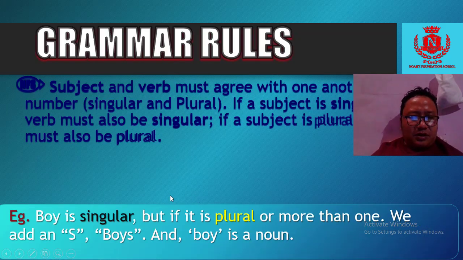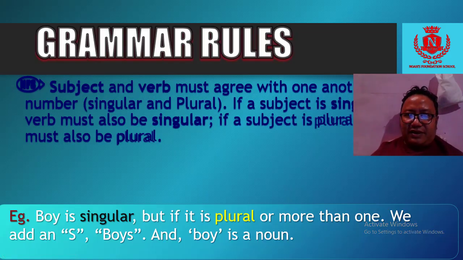For example, boy, B-O-Y, is singular, but if it's plural or more than one, we add an S, so it turns into boys. So that is a plural noun, because boy is a noun. But in verbs, let me say drink.